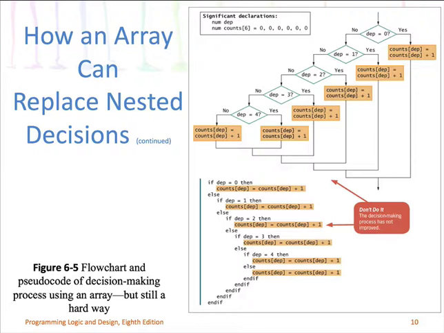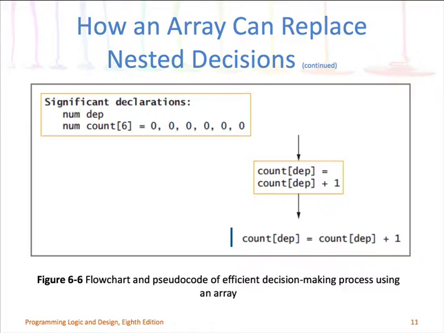So how can we make this better? As I pointed out, when dependents is 0, we were using index or location 0 of our array. Location is another way to refer to an element. So if our dependent is 0, then count 0 will equal count 0 plus 1, substituting in for the value of DEP.